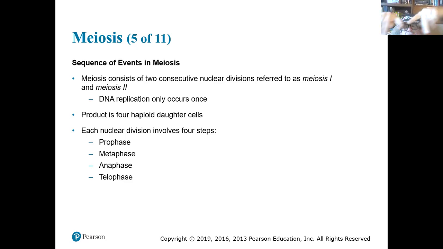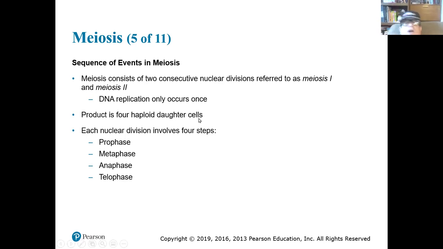Then you divide again to get 23. To get two cells here that are haploid, 23 chromosomes, two cells here that are haploid, 23 chromosomes. So the goal is at the end to get to 4 haploid daughter cells.